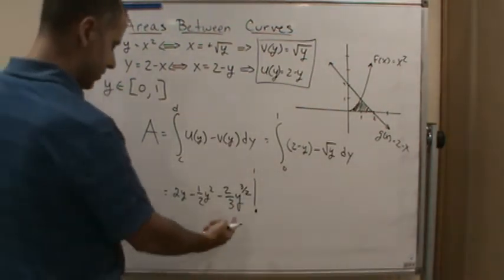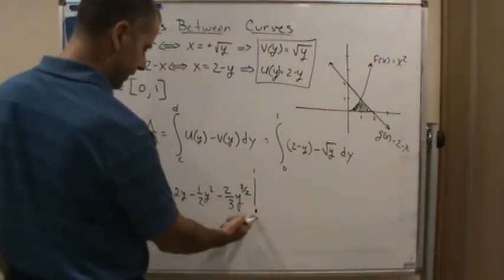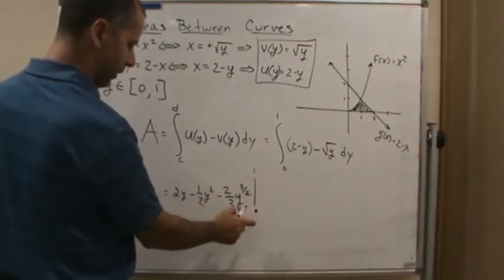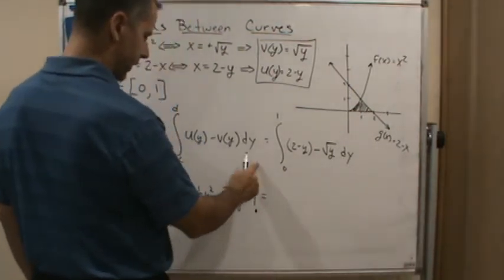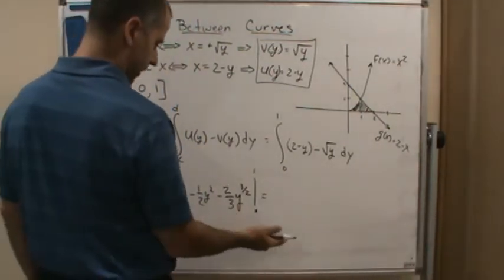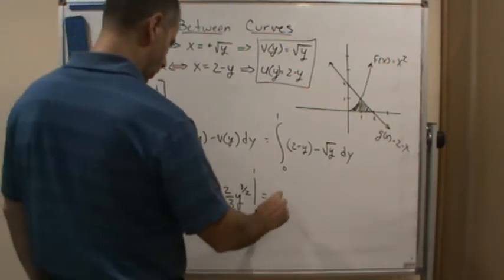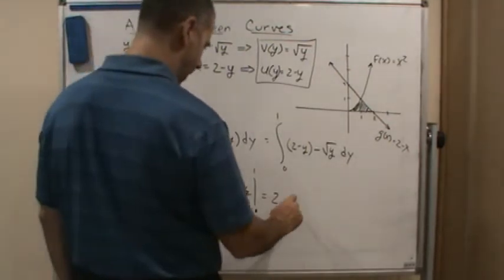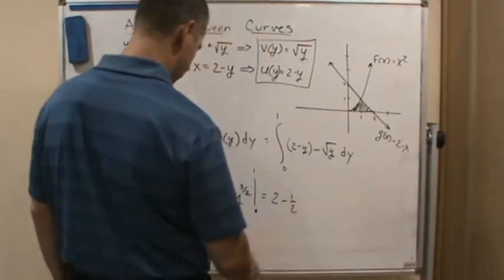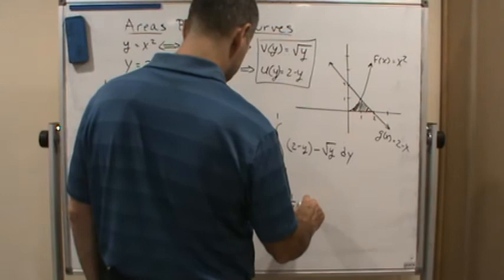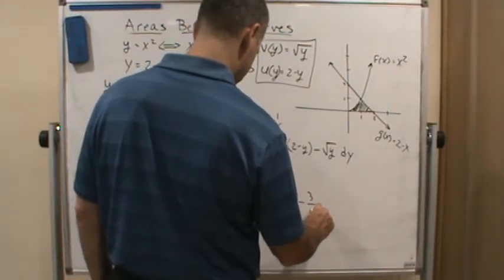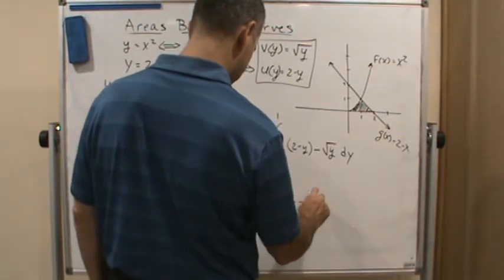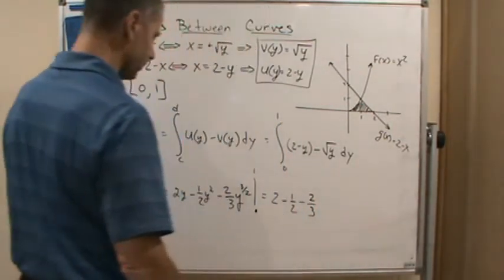Now, since all of these have a y in it and 0 to any power is 0, this thing is going to go to 0 at 0. So we can actually just evaluate it at 1, right? Because I'm just going to be subtracting 0. So this will be 2 times 1 is 2 minus 1/2 minus, not 3/2, 2/3. Right?